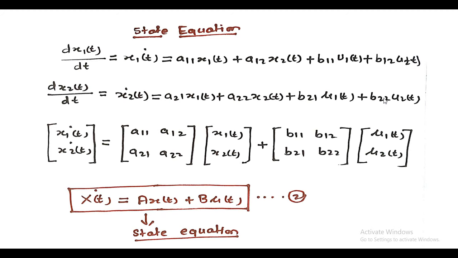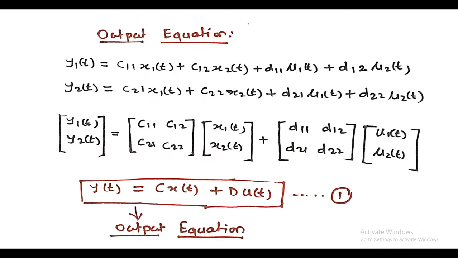So just like this it is represented. So the state equation is nothing but d by dt of these particular states x1t, x2t, the state variables, and it is given like this: x dot t is equal to A xt plus B ut. Here A are the coefficients of xt and B are the coefficients of ut. These coefficients are different for the output equation and for the state equation, but the state parameters and the input parameters remain as they are, and how to calculate that we have seen.